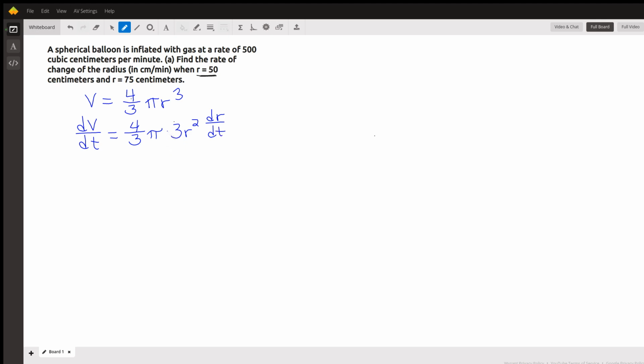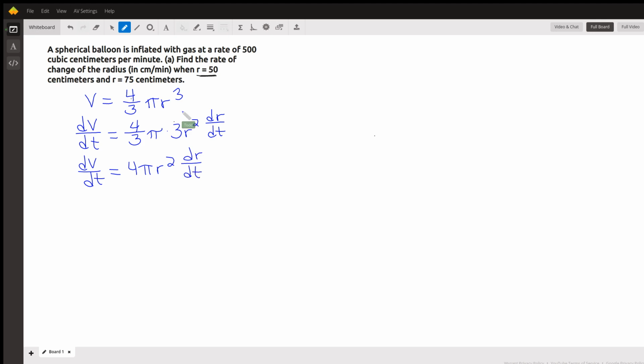Before I start plugging in what I know to find what I don't know, I'm going to clean this up a little because 4/3 times 3 is just 4. So I have dV/dt equals 4 pi r squared dr/dt.